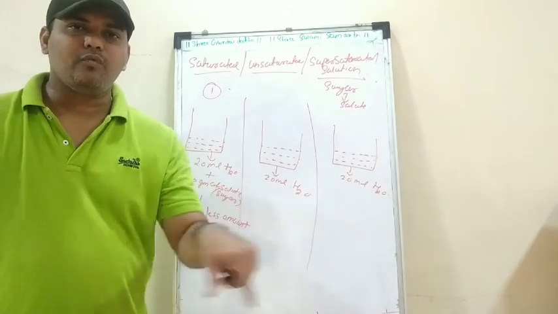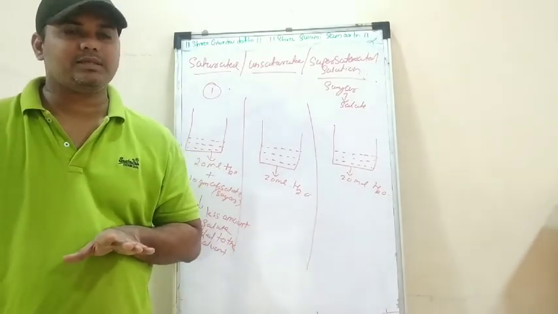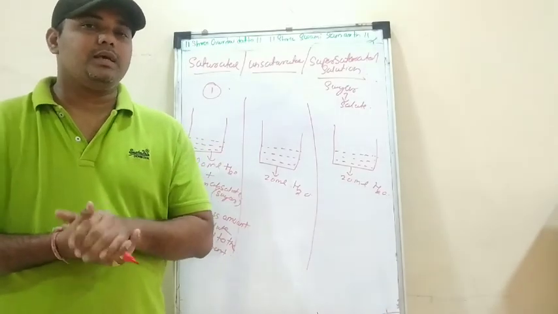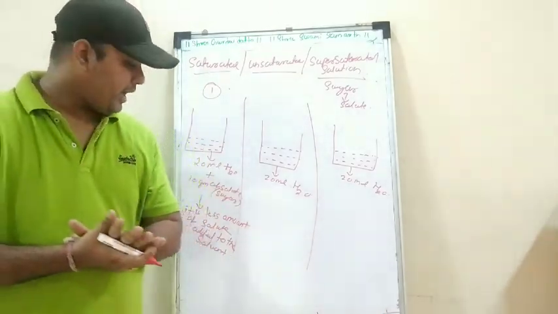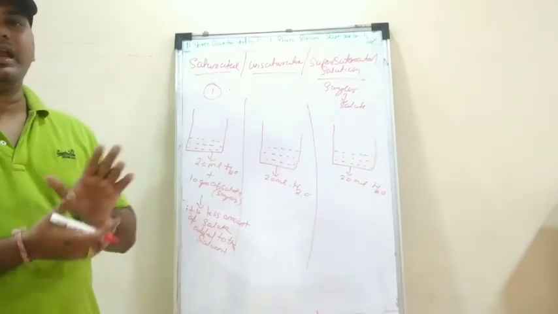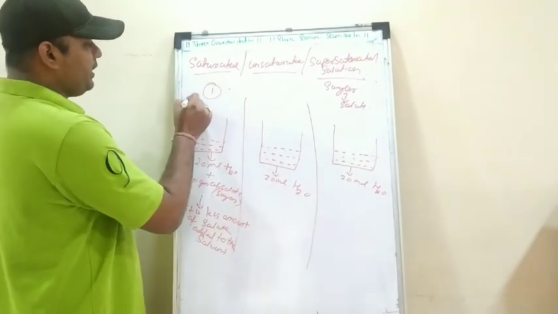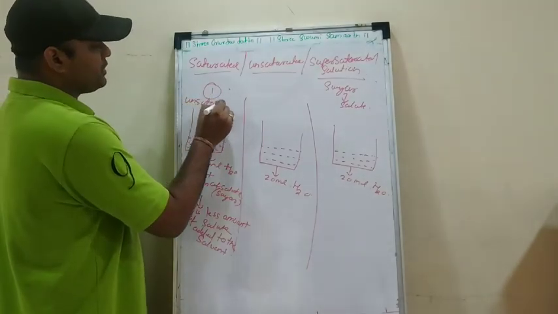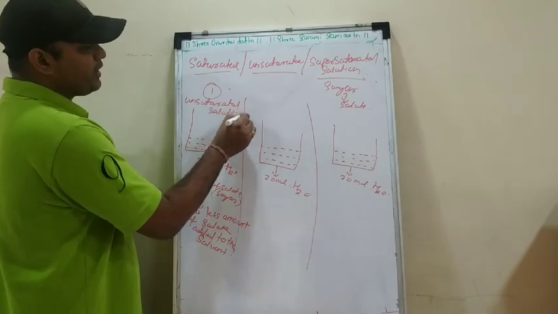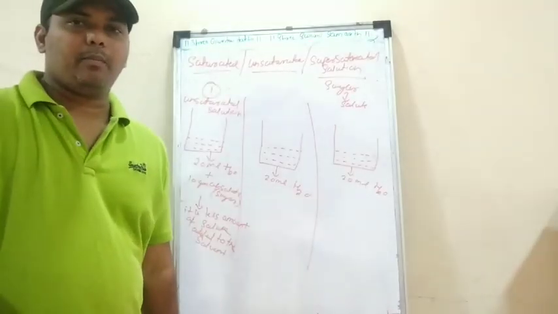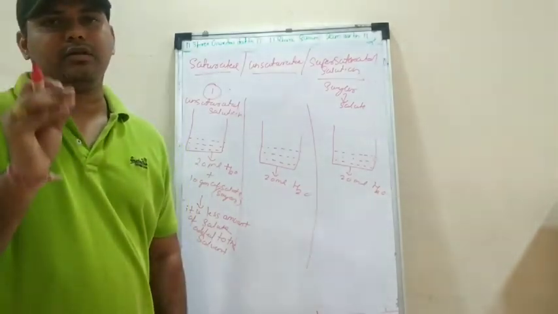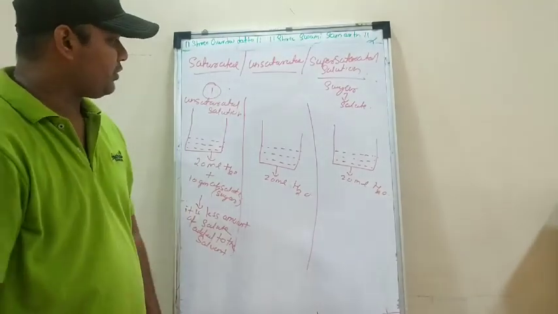There will be no formation of crystals at the bottom in this case. Now I hope that this is very clear. Such type of solutions where the required amount of a solute is less are said to be unsaturated solutions. What are unsaturated solutions? Whenever the amount of solute required is very less, those solutions are said to be the unsaturated solution.